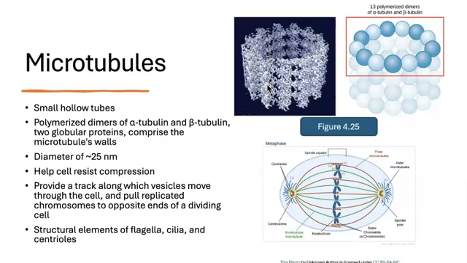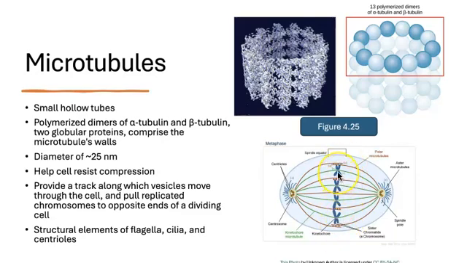And you could see that they are made up of alpha and beta tubulin, which are 2 globular proteins, to make up the microtubule wall. In our cell, they're going to help resist compression and provide a track along which vesicles can move through the cell and pull the replicated chromosomes here lined up in the center.